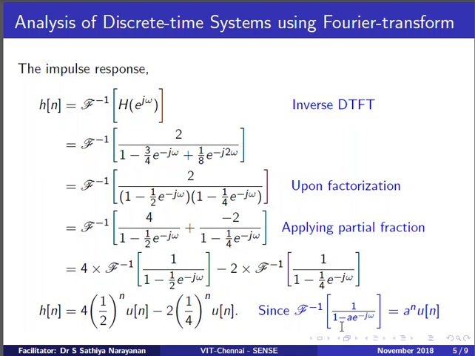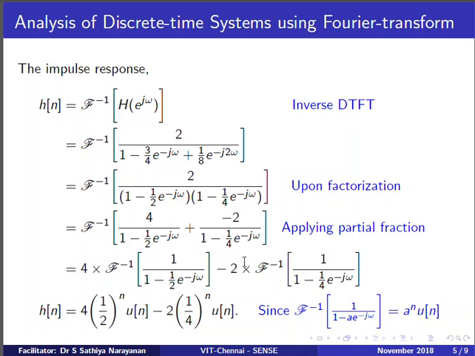The Fourier inverse of 1 divided by 1 minus a e raised to the power minus j omega is equal to a power n u of n, provided that the modulus of a is less than 1, and here for both cases, 1 by 2 and 1 by 4, it is satisfying the constraint. So for the first term, the constant 4 has to be brought, and this becomes 1 divided by 2 raised to the power n u of n.